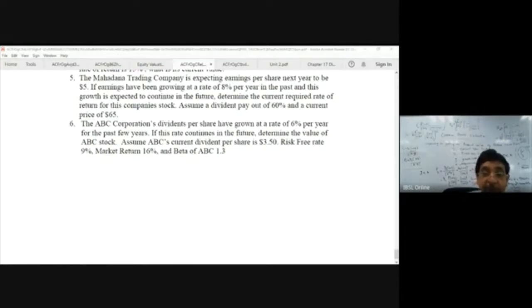G is given. And P0 is equal to D0 (1 plus G) divided by K minus G. D0 is known. G is known. K is also calculated. Then K minus G also can be calculated. Yes, come up with the answer.